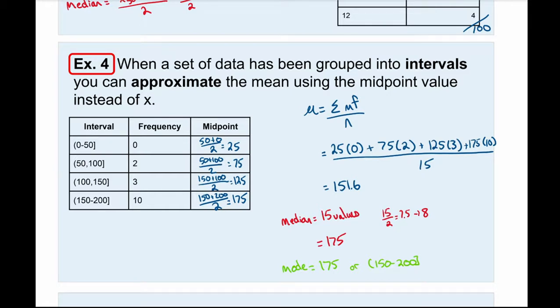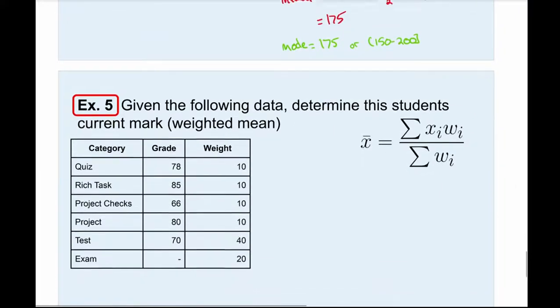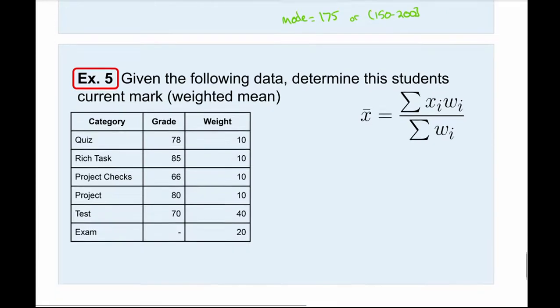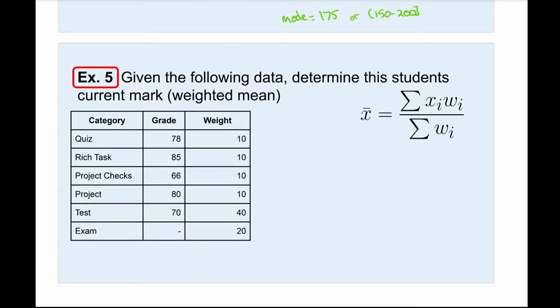The last example we're going to look at is the weighted mean. We've done this before when we looked at the weighted average. This is very similar to the expected value, almost.